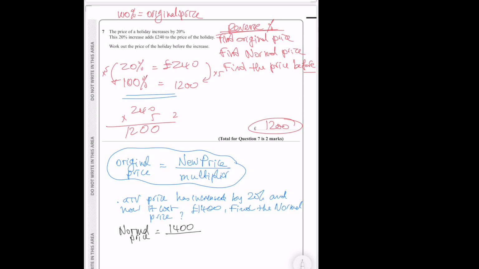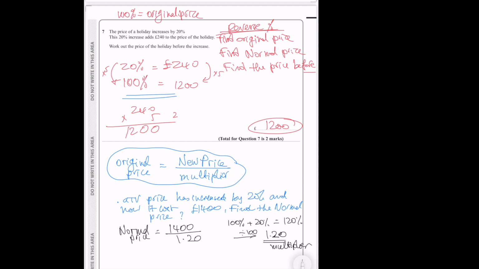Because it's an increase, to find the multiplier you have to do 100% plus 20%, that is 120%, and divide by 100 to change it into a decimal number, and that is your multiplier. The multiplier is a decimal number actually. And if you divide by 1.20, you will find your original price.